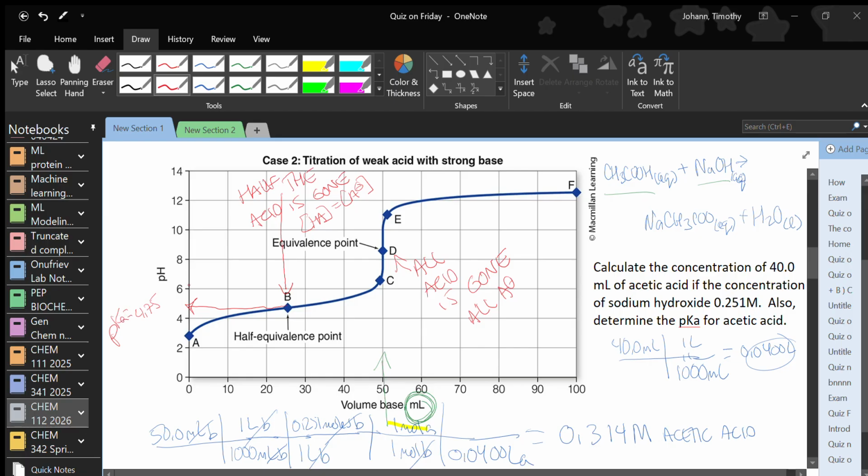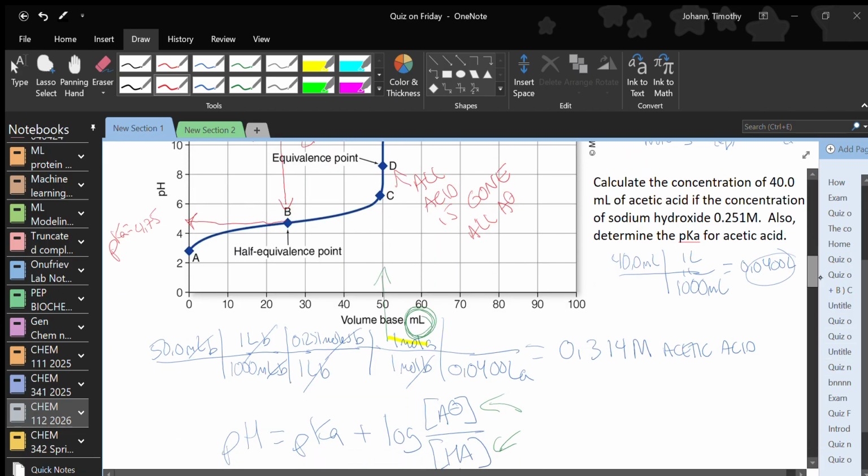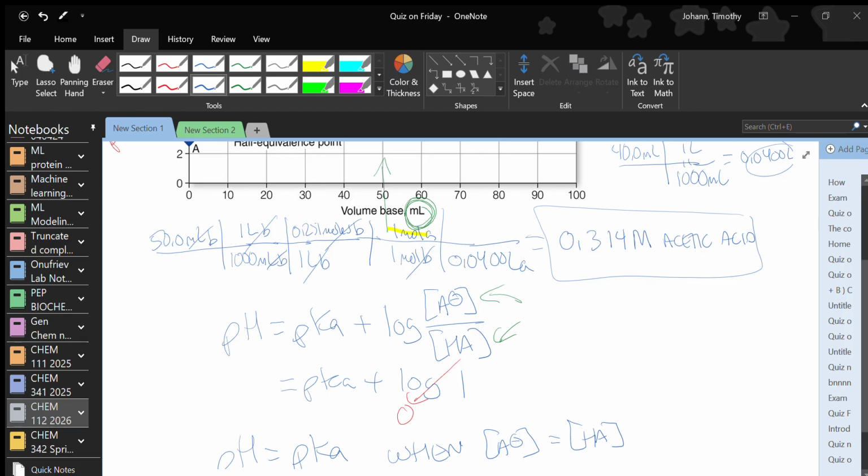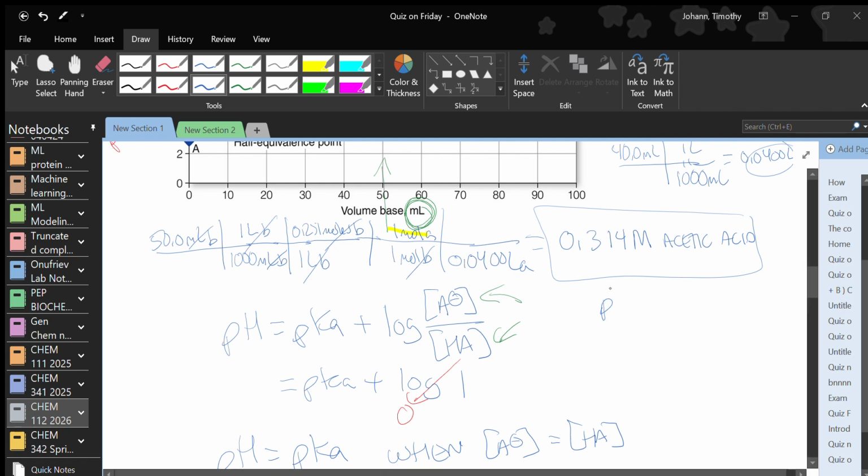So I'm reading the value off the y-axis here to get the pKa. All right, so that's why I thought it was acetic acid, because I could look at it and see the pKa was about 4.75, which is what I know the pKa to be. The pKa equals 4.75.